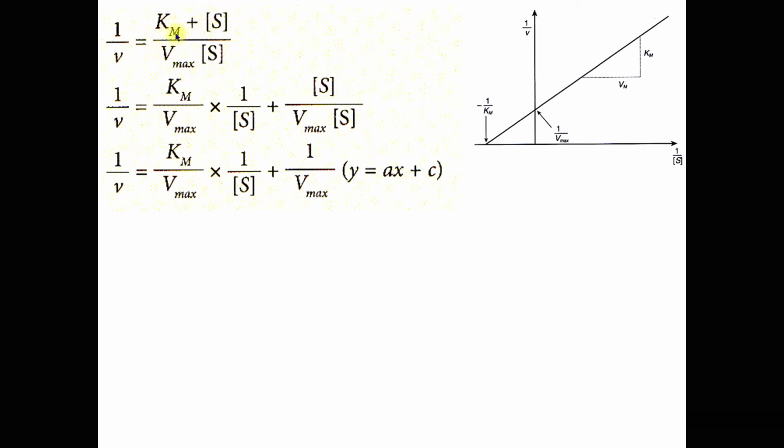So kita akan dapat daripada sini, yang dua ni kita boleh potong, yang ini tidak boleh potong, tidak boleh ringkas. You cannot further simplify this, so it can be rewritten as Km over Vmax times 1 over substrate concentration plus, dipotong-potong jadi 1 over Vmax.